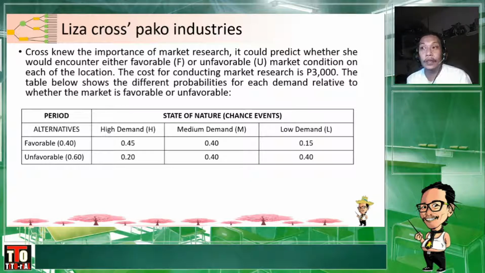Now, kung unfavorable daw si market, kaso nga lang ito guys 60% daw yung probability na unfavorable si market. Tapos what will happen dun sa demand? There would be a 20% chance na high demand, medium demand is 40%, as well as the low demand has a probability of 40%. Okay?